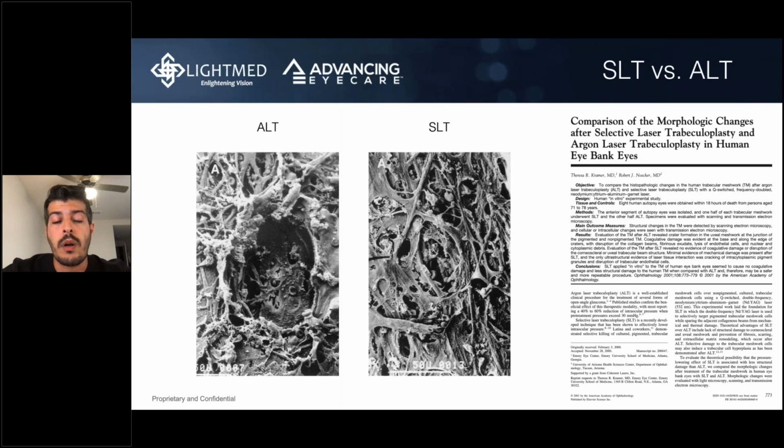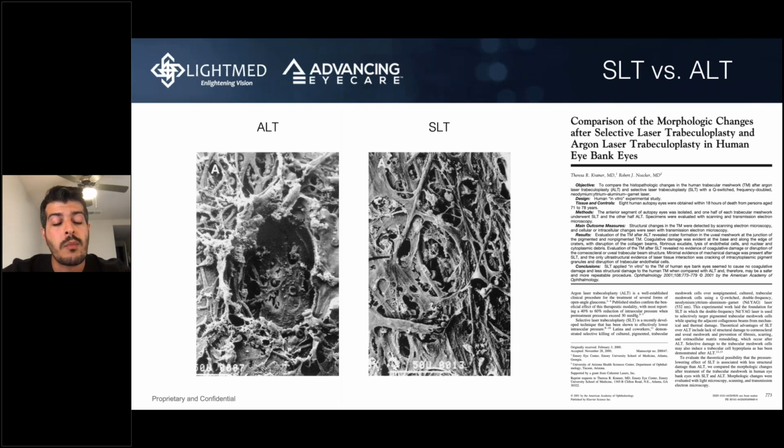So I would actually keep the latanoprost or whatever eye drop they're on. It kind of depends on what the pressure goal is. But let's assume hypothetically the pressure goal is low teens or high teens or low 20s. I would probably keep the eye drop and just supplement it with SLT.